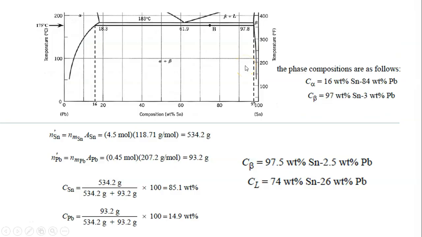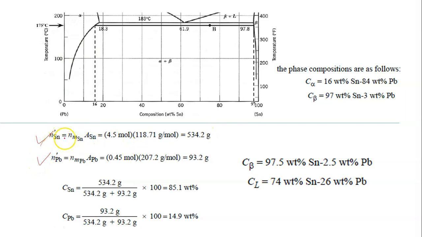So let's look at how we are going to calculate the second part of the question. In order to convert your mole into your mass, this is nothing new to you. This is just the calculation of conversion.